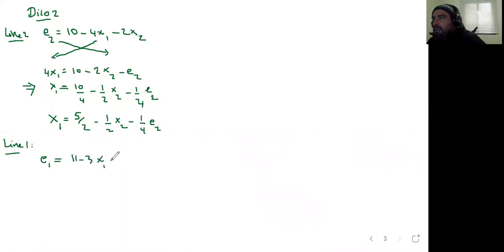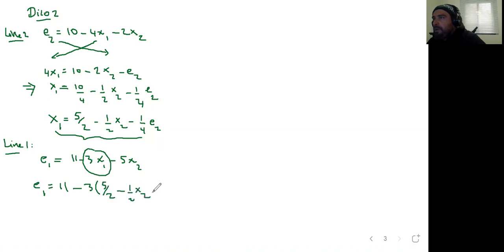Now, what is bothering me here, since x1 is now a basic variable, is that x1 appeared on this side, okay? I mean, this has to be substituted with this new expression. So E1 is equal to 11 minus 3, I open a big bracket, 5 over 2 minus half of x2 minus 1 over 4 E2.